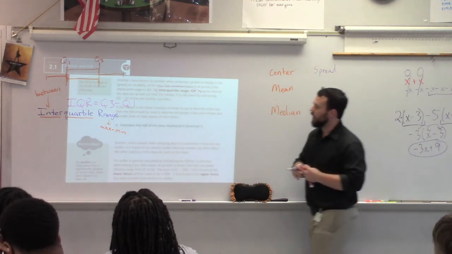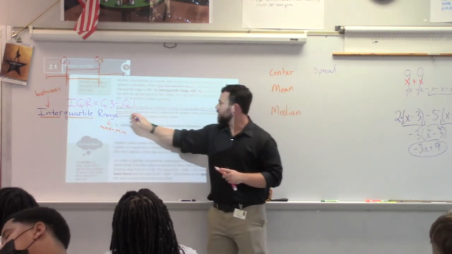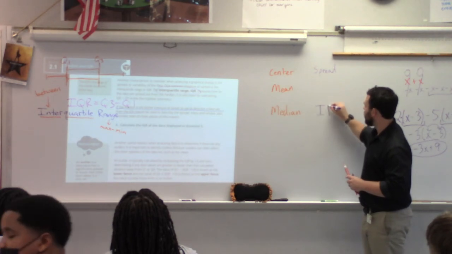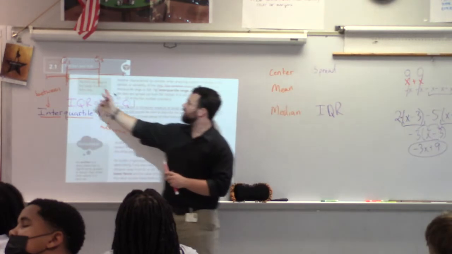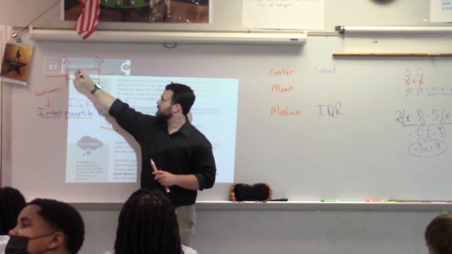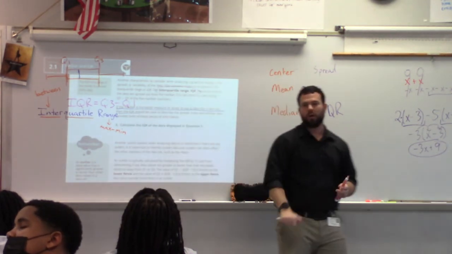If the median is the better measure of center, then use the IQR. So if you have a median, you're going to use the IQR for the spread. That should make sense, because what's in between the quartiles? The median.